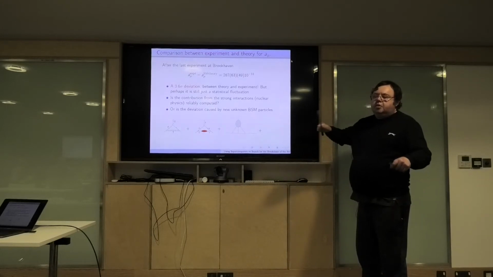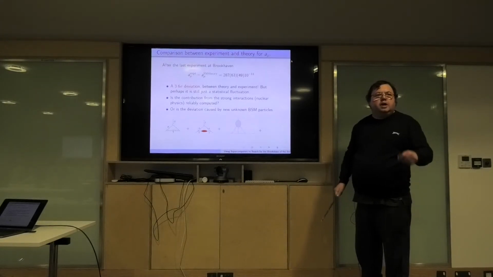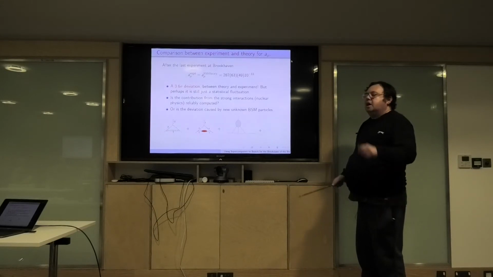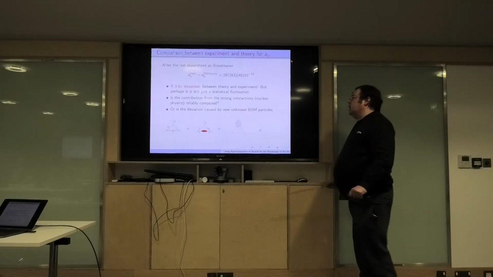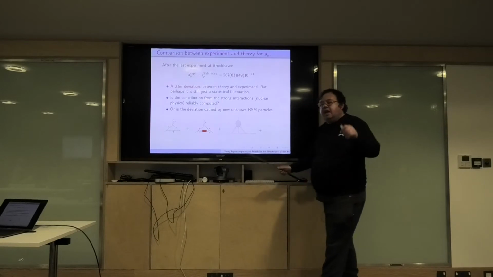So with errors, there's some kind of fluctuation in it. And if you have a deviation between theory and experiment, sometimes that could just be from chance. There's some kind of randomness in the nature of errors. So for this kind of 3.6 sigma deviation, in particle physics, we start to get excited by that.